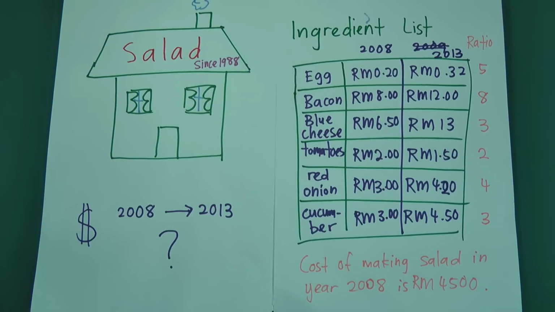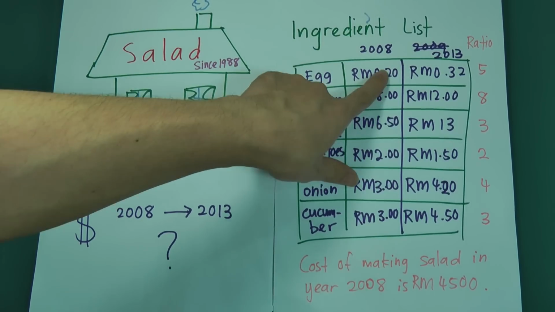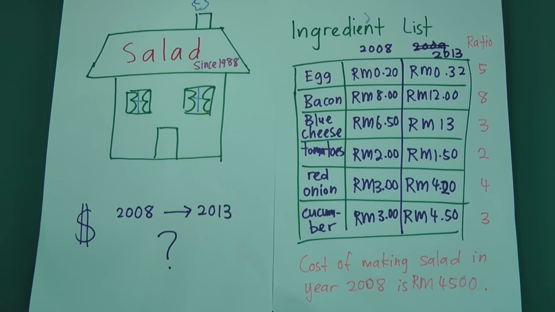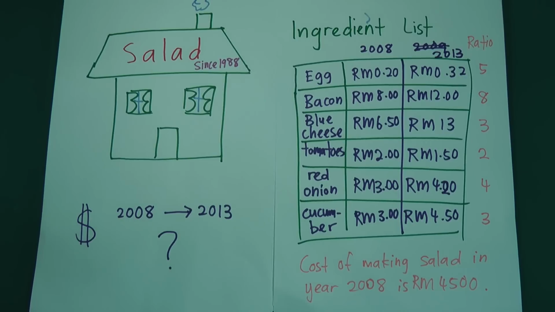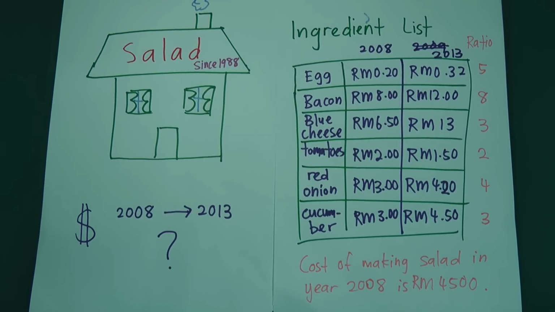Of course you can calculate 32 cents minus 20 cents, and you get the difference is 12 cents. But this is not what we want. We want to do something more professional. We want to calculate how much percent they are increasing.